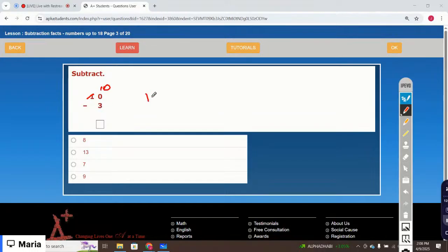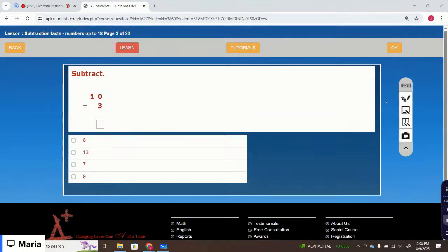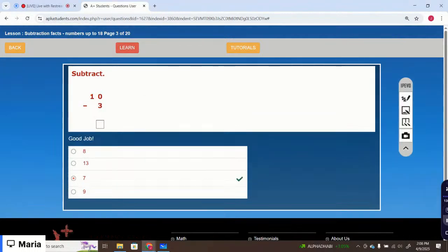So 10 take away 3: 3, 4, 5, 6, 7, 8, 9, 10. 10 take away 3 is 7. Option number 3 is the correct option.